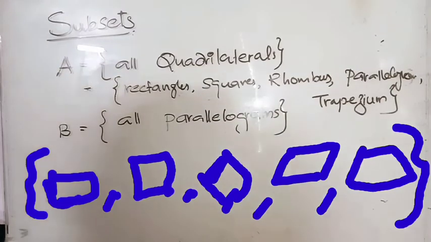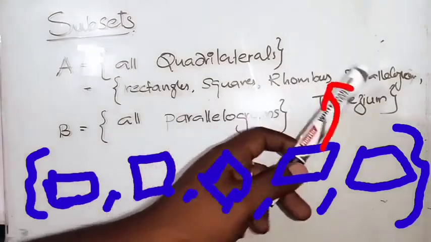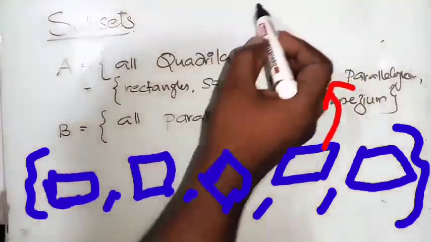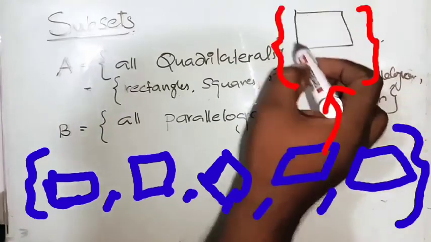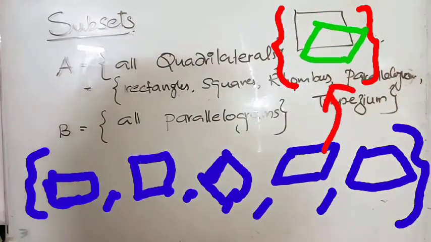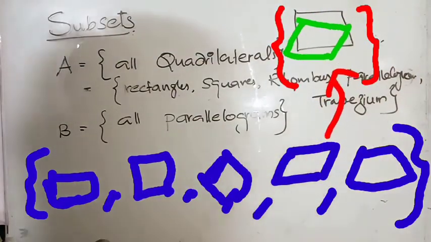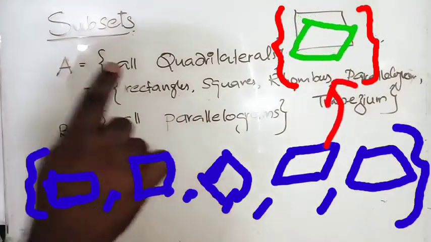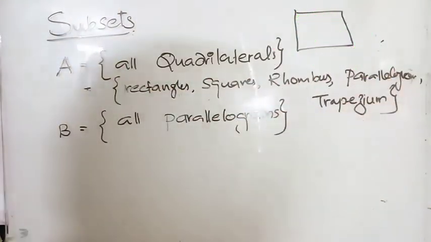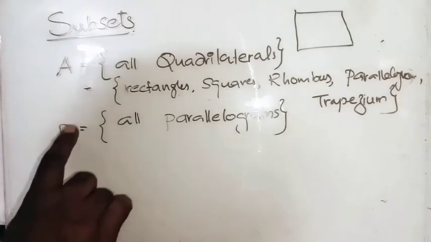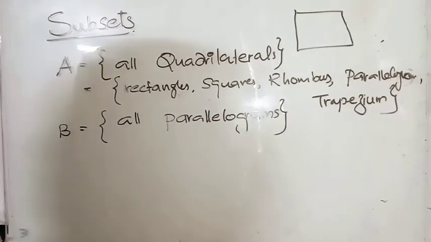They are the main quadrilaterals: rectangles, squares, rhombus, parallelogram, trapezium, etc. Four-sided figures. Now set A has these elements, and set B is the set of all parallelograms.